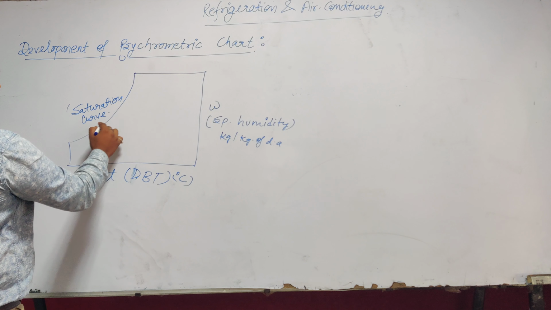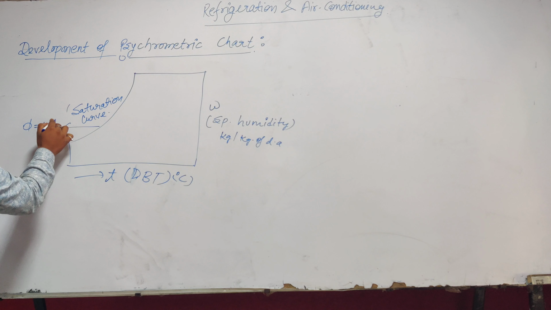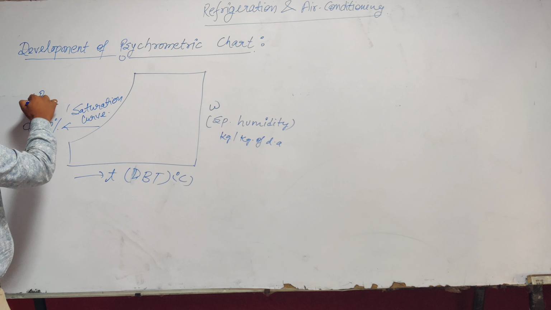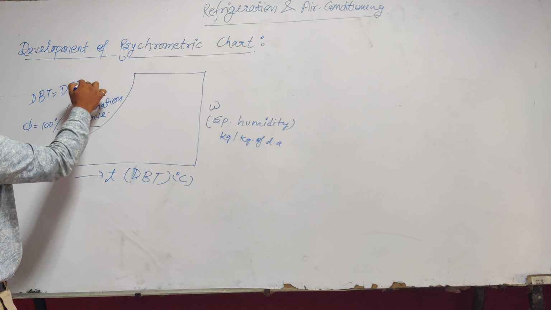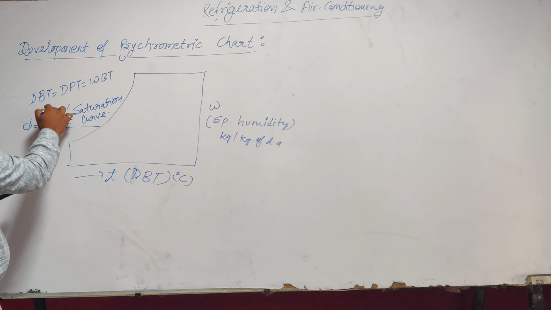On the saturation curve we know that relative humidity is 100%. On the saturation curve, relative humidity is 100%, and DPT, DBT and WBT are all equal.